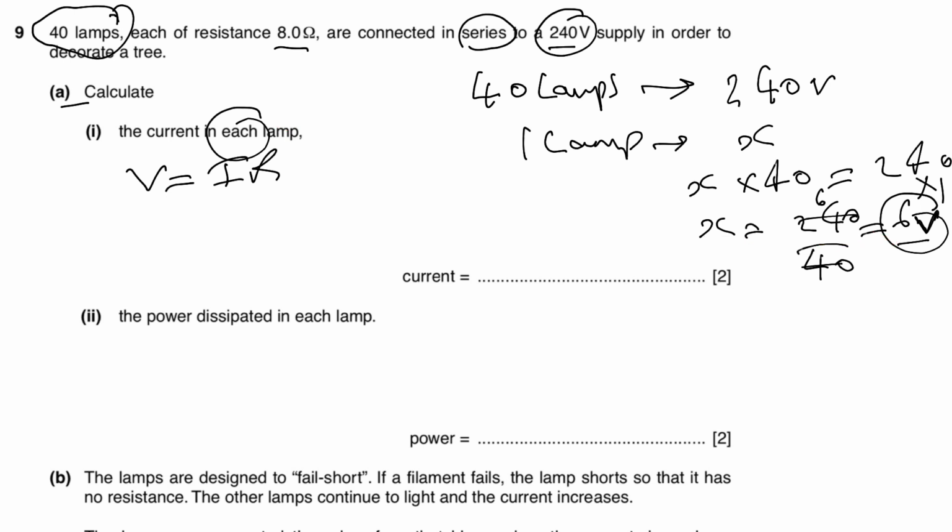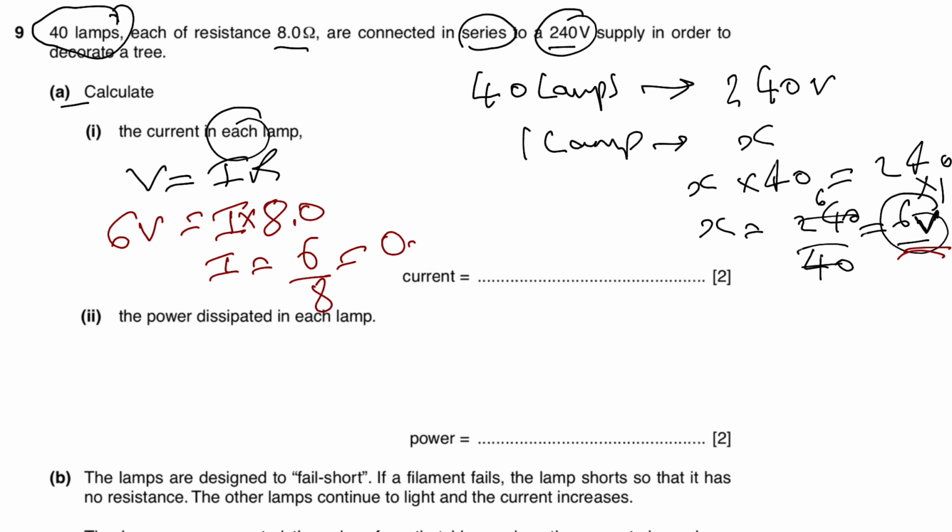Instead of R, I will write 8 ohms, I we want to find out, and the voltage is 6 volt. So now I equals 6 upon 8, which comes as 0.75 ampere. So here we got the current as 0.75 ampere.